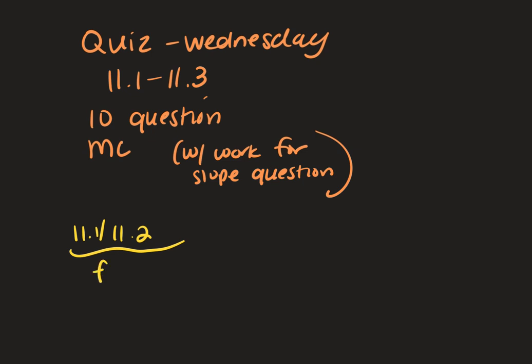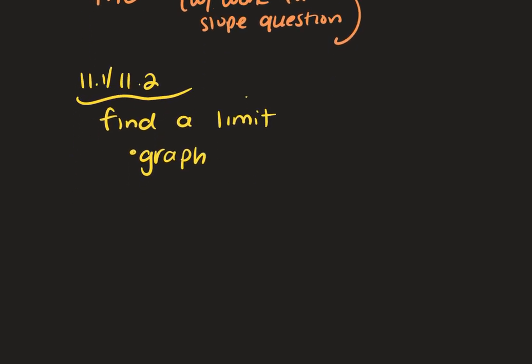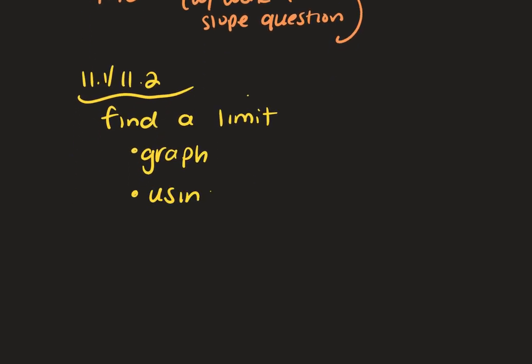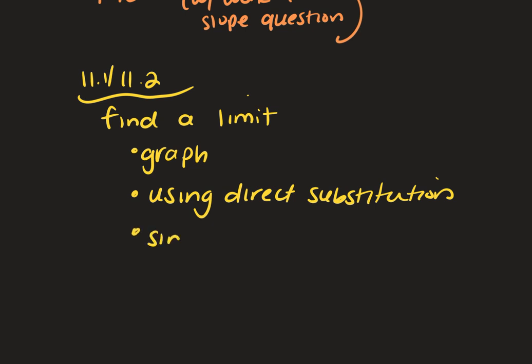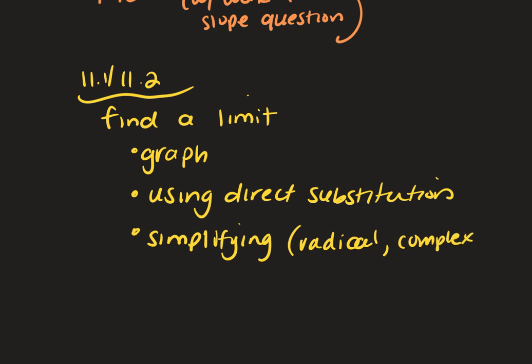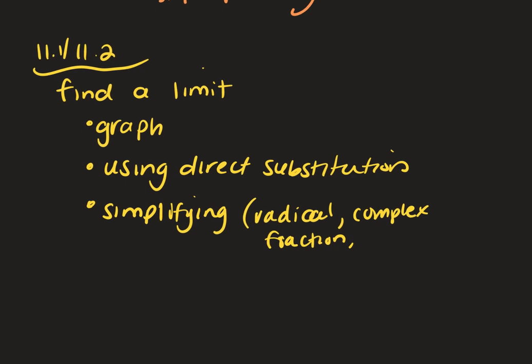From 11.1 and 11.2, you need to be able to find a limit from a graph, using direct substitution, and simplifying, where there could be a radical that you got to get rid of, or a complex fraction, or you might have to factor.